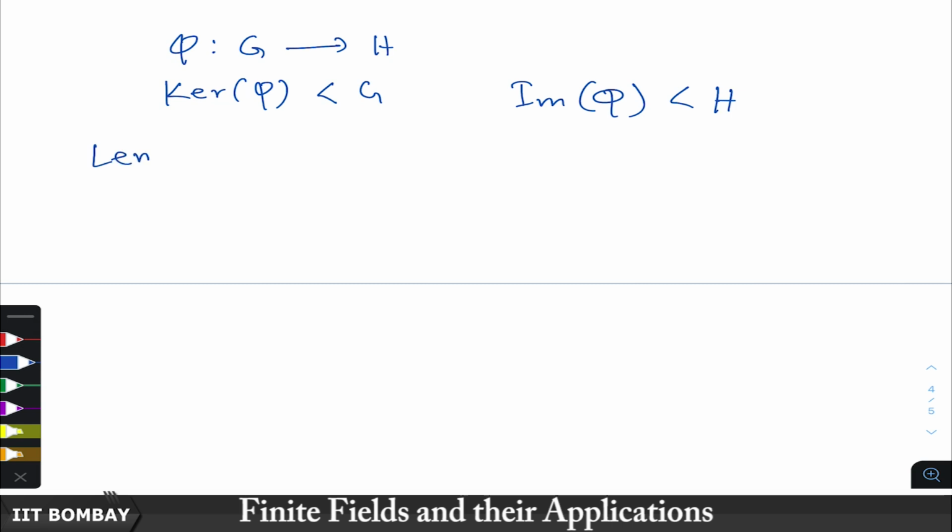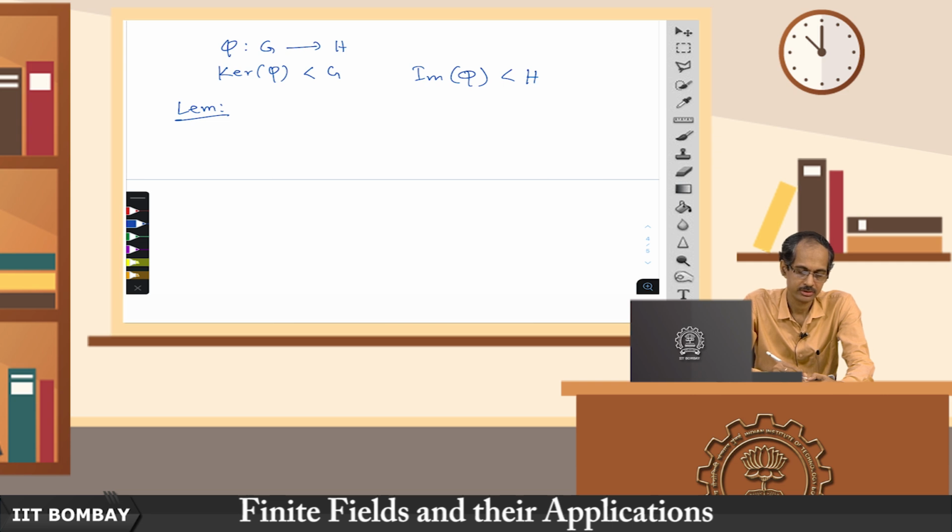So, here is the result. It says that for a given group homomorphism like this, the kernel of phi is a normal subgroup of G.